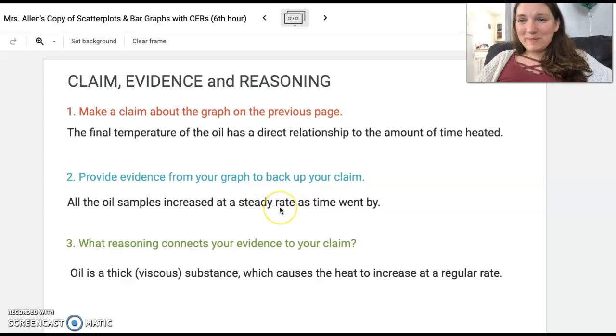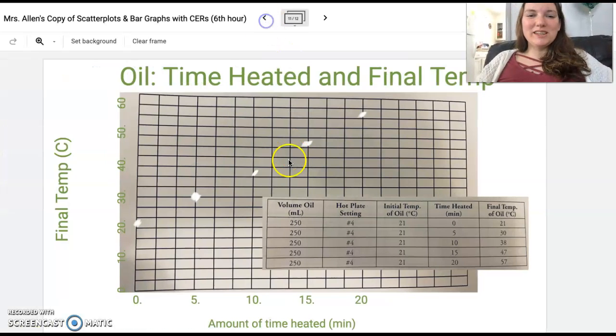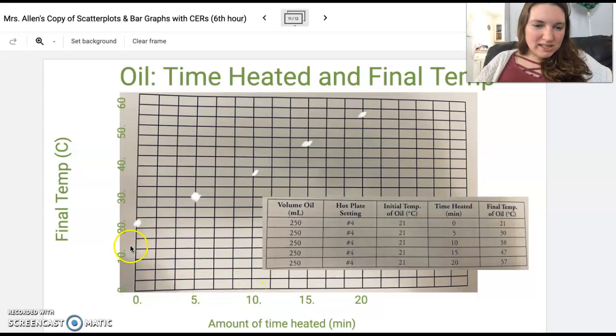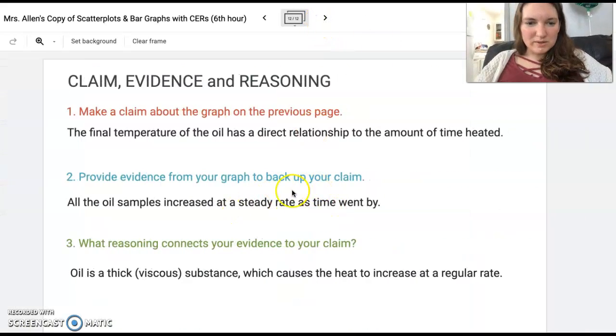The evidence is going to be best to use some specific numbers from the graph. So for example, at 0 minutes, the temperature of the oil was 21 degrees, whereas at 20 minutes, the temperature was 57 degrees. Yeah. So that's a good thing.